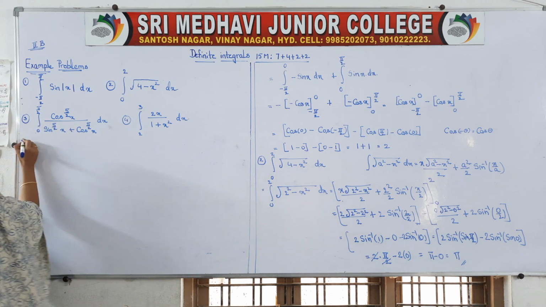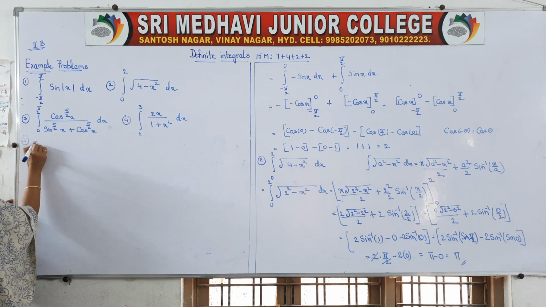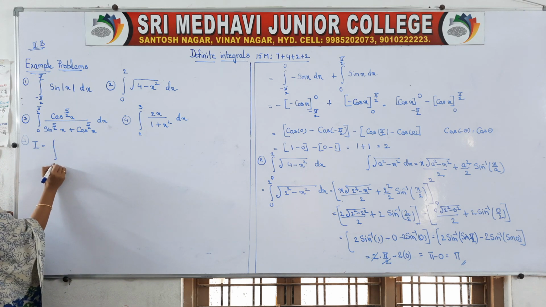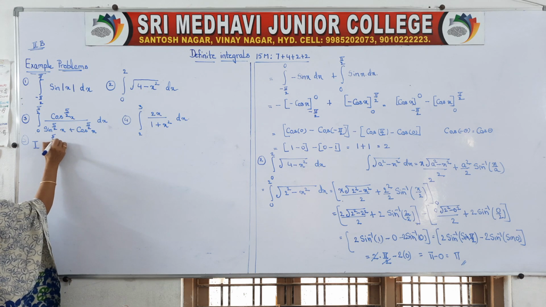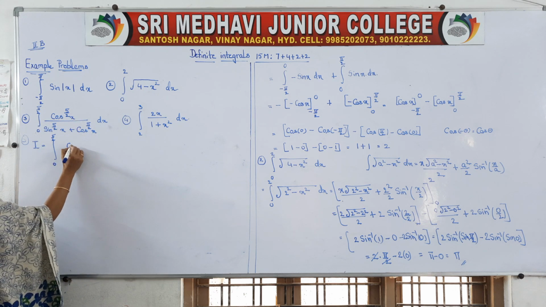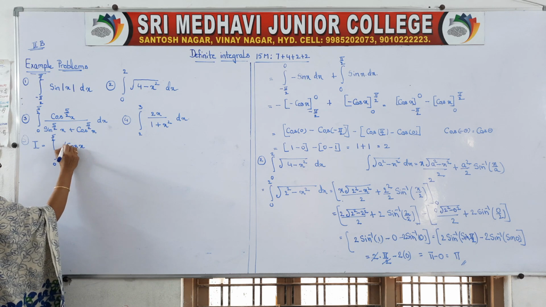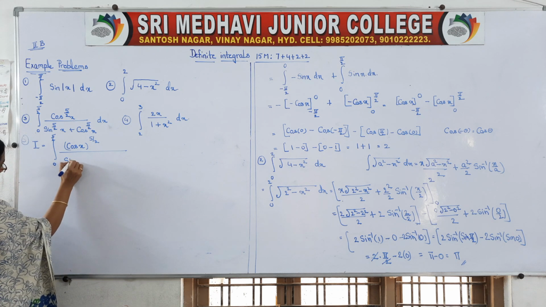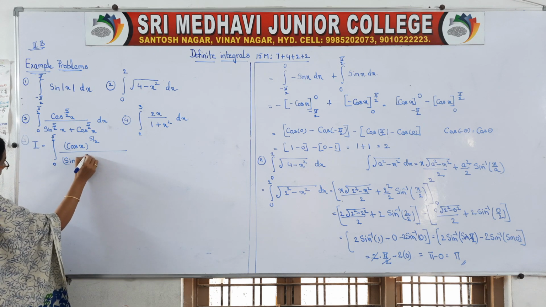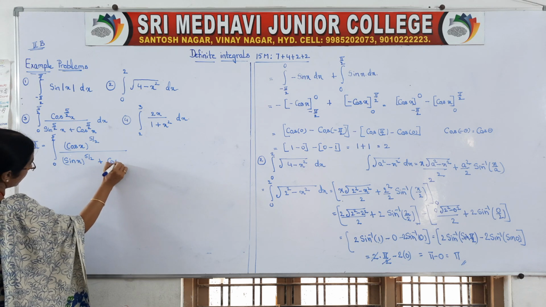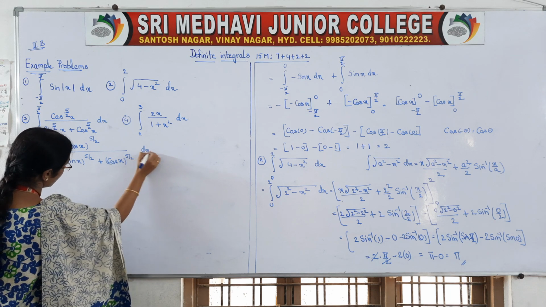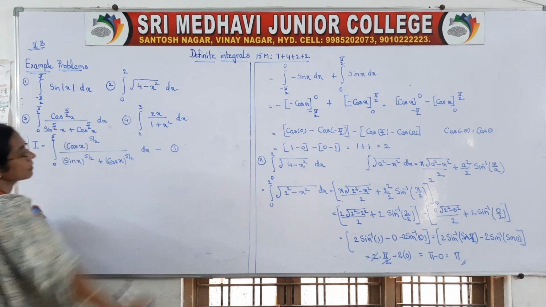So we take this third question as I is equal to integral 0 to pi by 2 of cos x to the power of 5 by 2 by sin x to the power of 5 by 2 plus cos x to the power of 5 by 2, into dx. You consider this as equation number 1.